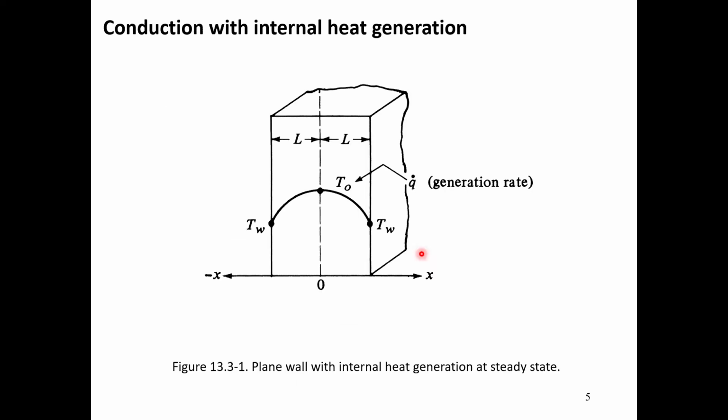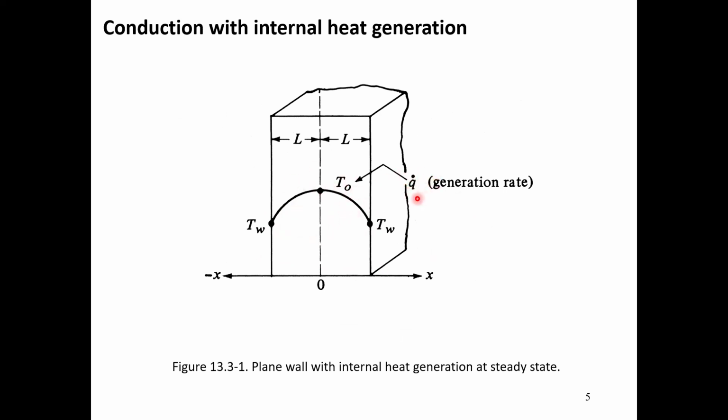From there, we will move to a different scenario. What if conduction is happening with internal heat generation? Let's consider this slab shown over here, where heat is being generated within at a rate of q dot.